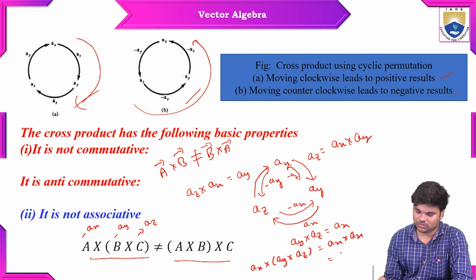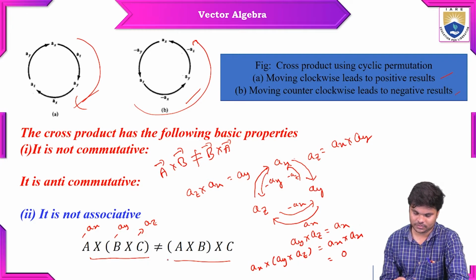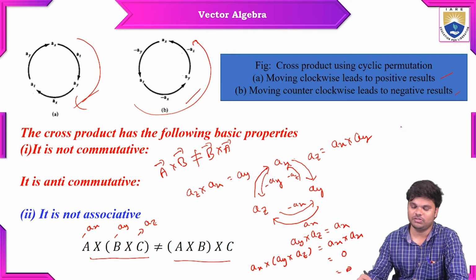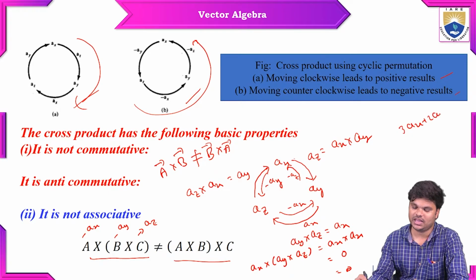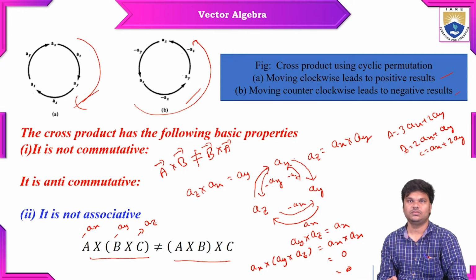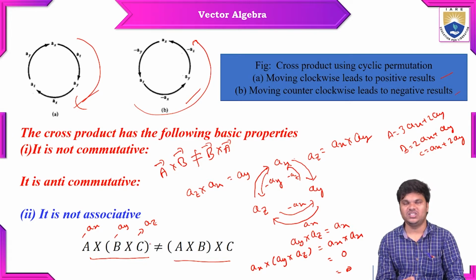So which is equal to 0, right? In this case, you may get both the things same. But if you take some complex vectors like 3ax plus 2ay as A, 2ax plus ay as B, and ax plus 2ay as C, then you will get to know easily. So it doesn't obey the commutative property, and it doesn't obey the associative property as well.